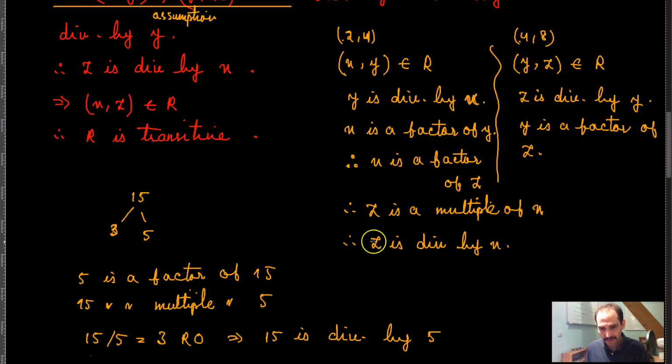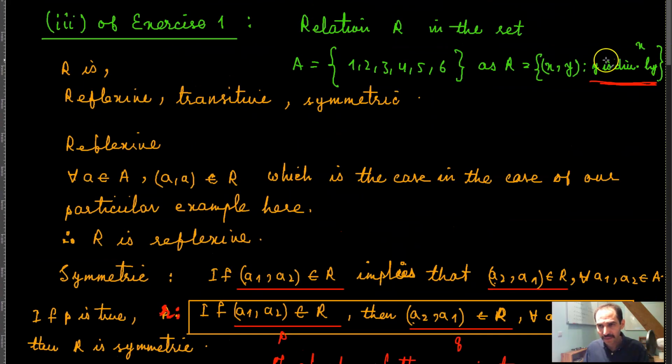Now, if z is divisible by x, what that means is that based on this rule that we had up here, we said that all the ordered pairs x comma y such that y is divisible by x.